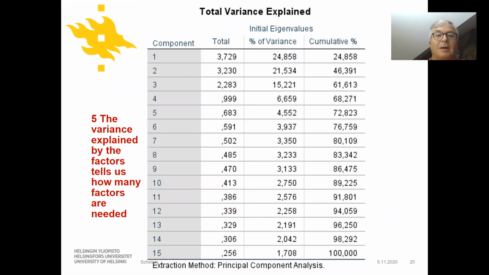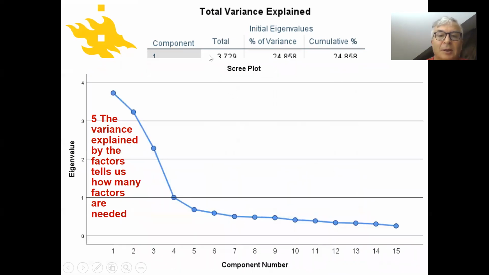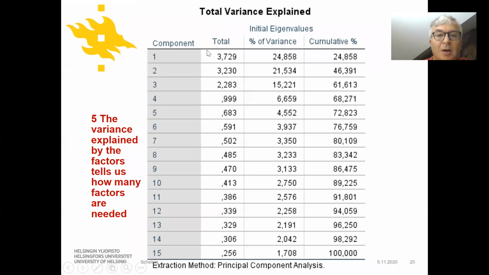Next, we have a table presenting the variance explained by the factors, telling us how many factors we actually need. And here I would start out looking at how many components we have.